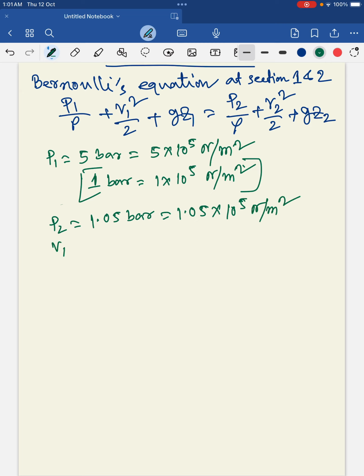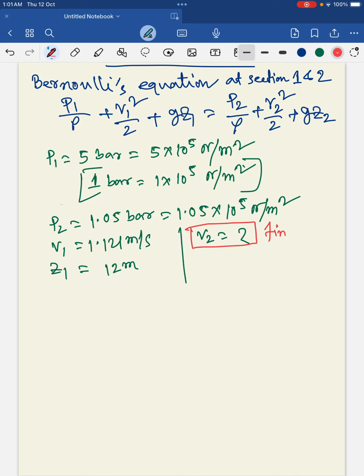Now V1 we know, that is 1.121 meter per second, and Z1 we also know, Z1 is 12 meter. V2 is unknown, so that we have to find out, and Z2 is given, that is 5 meter.